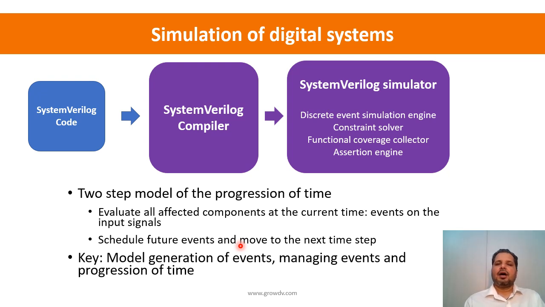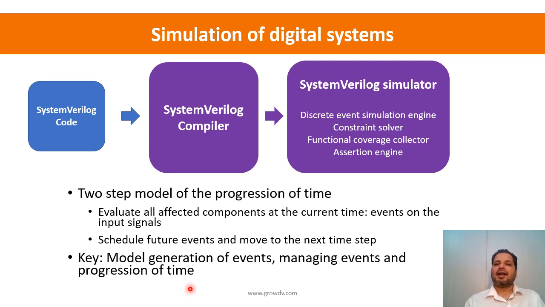And again it applies the change that was scheduled at 10 nanoseconds, evaluates all the components that get affected by it, and schedules more events. So this is the way simulation keeps progressing. The key point we need to remember is, for any input stimulus change, the simulator will model the generation of additional events after evaluating the components that we have modeled, and then it will manage those events.